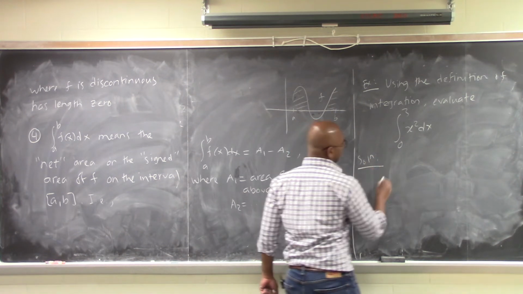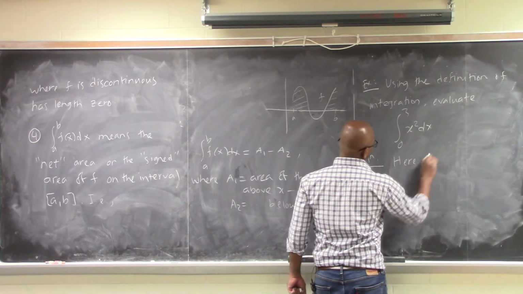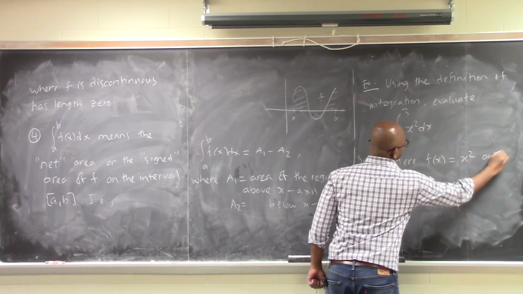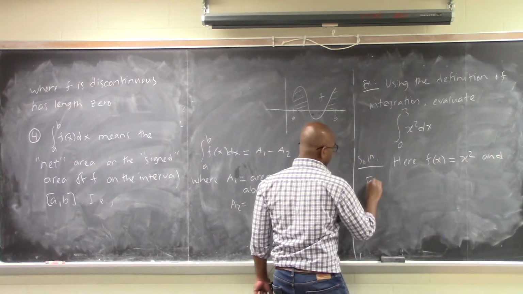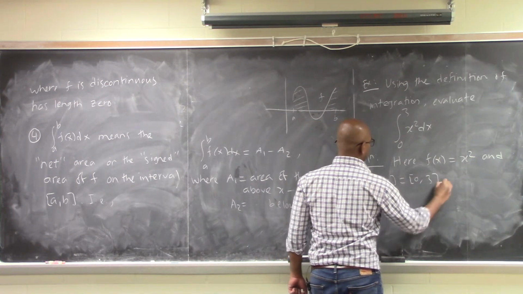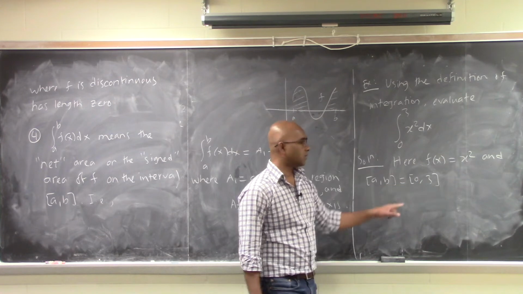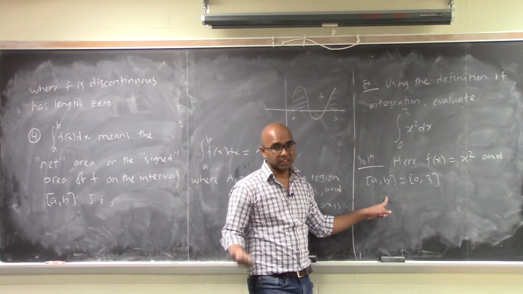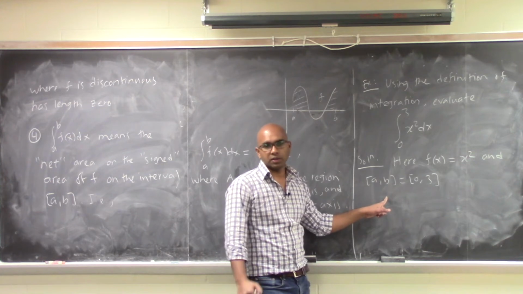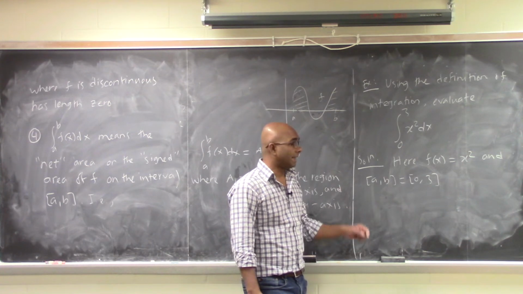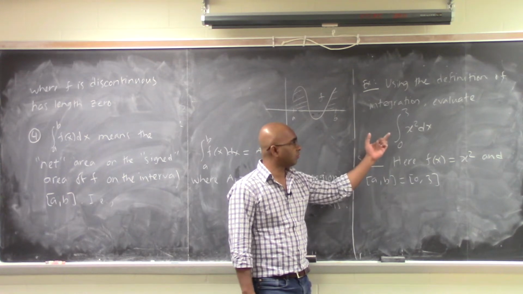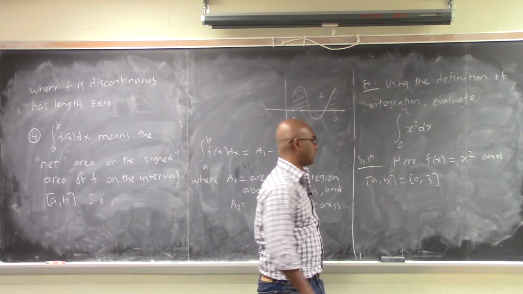So what is the function here? f of x equals x squared, and what is my interval? My interval is 0 to 3. Okay, is this function continuous on this interval? Yes, it is. x squared is a polynomial function, right? Okay, and that means this function is integrable. So this integration exists, right?